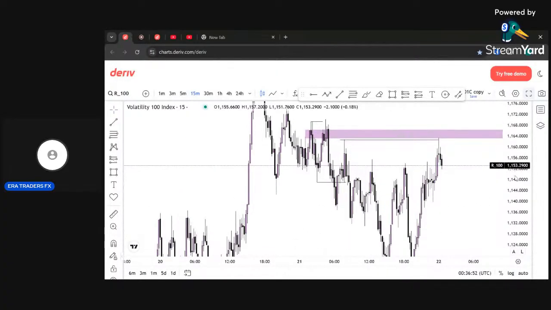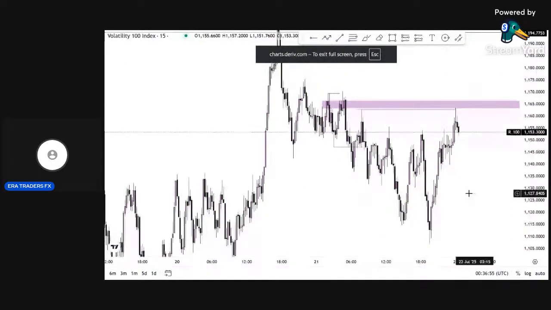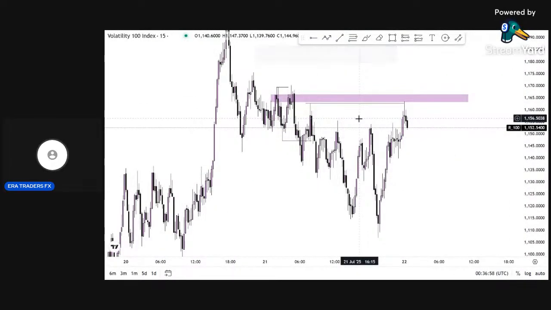So you can see clearly from here the sweep. And in fact, price has given us an entry confirmation pattern on the 15 minutes time frame. So you can start selling all the way. So V100 is a sell.